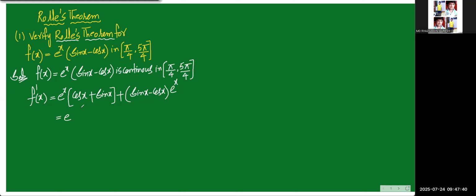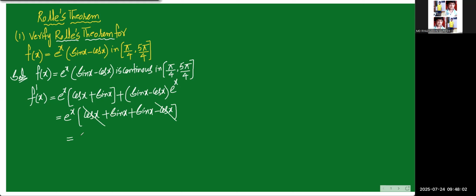So let us simplify a few steps here. Taking e power x common, we are left with cos x plus sin x plus sin x minus cos x. So what to do here is this one with this cancels. Sin x plus sin x is 2 sin x.